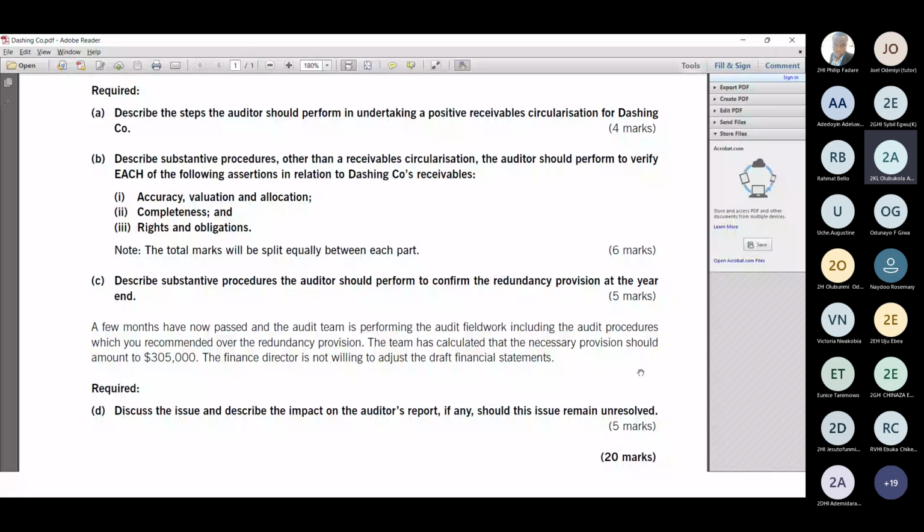If the answer you got is 5% and above, like 5.5, is it still material?